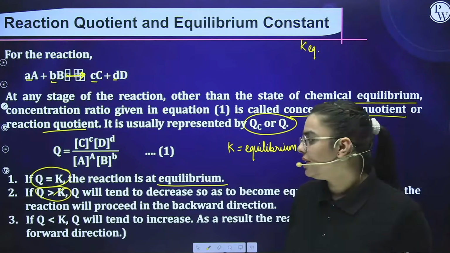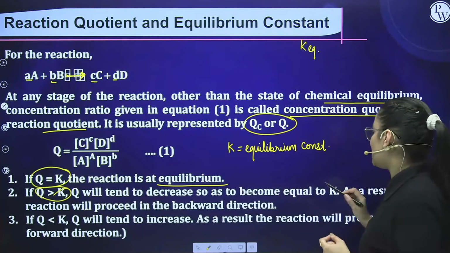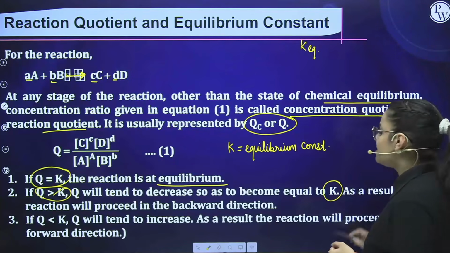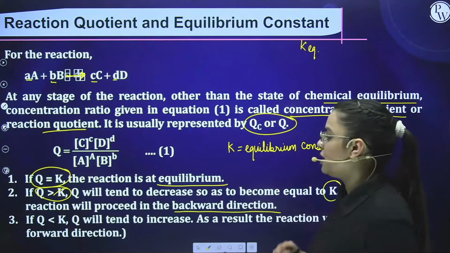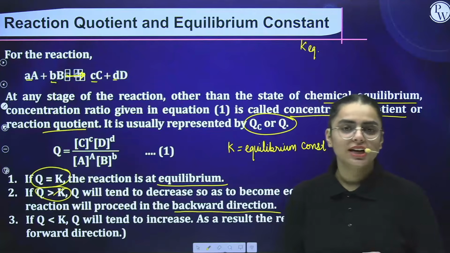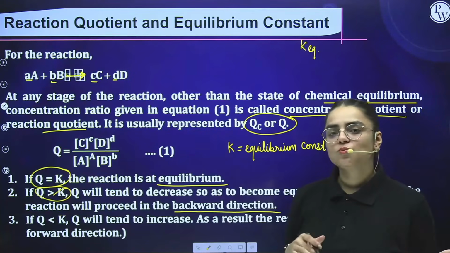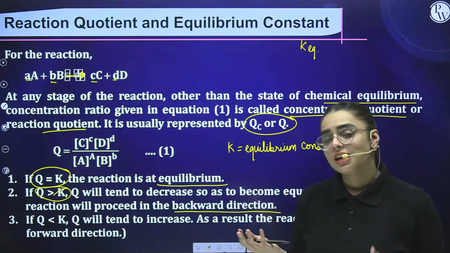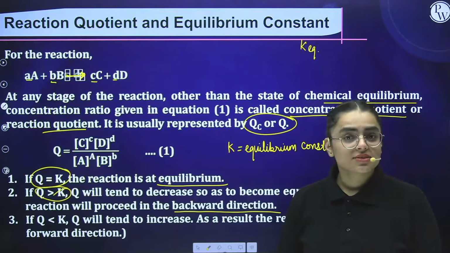When Q is more than K, then Q will tend to decrease so as to become equivalent to K. As a result, the reaction will proceed in the backward direction. The reaction will proceed in the backward direction when Q is more than K. But when Q is less than K, the reaction will proceed in the forward direction. It is very easy.